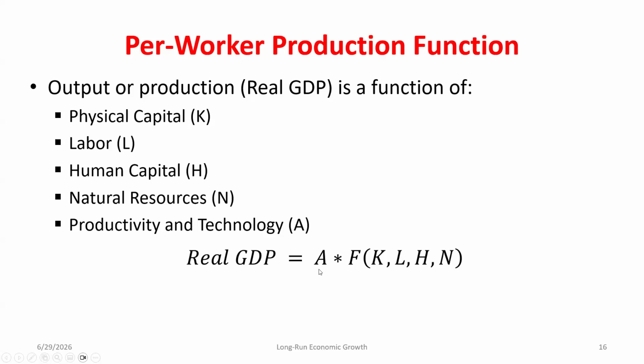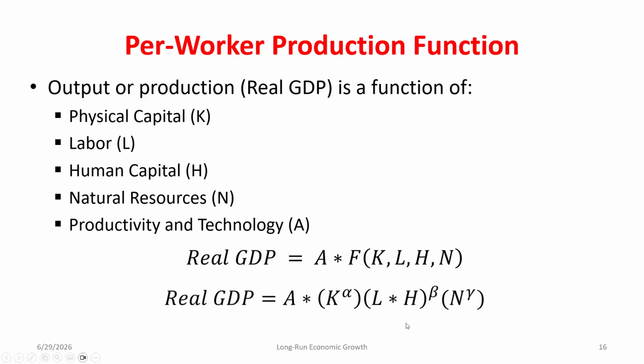These are our components. The production function we'll use for this class is that real GDP is total factor productivity times K to a certain power times L times H to another power. Once again, if we had natural resources, we would include that as well, but we're not going to add that into our model, to make it a little easier.